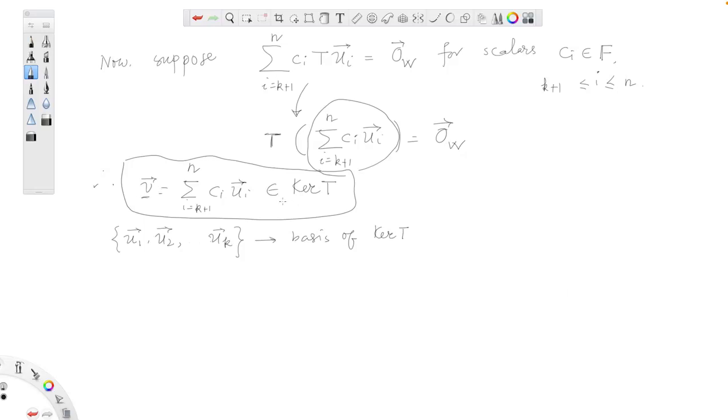And since v is a vector in kernel of T, we should be able to write v as a linear combination of these k vectors, which we write now. v is equal to the sum of the expressions Bi Ui as i runs from 1 to k, where the coefficients of the linear combination are Bi's.